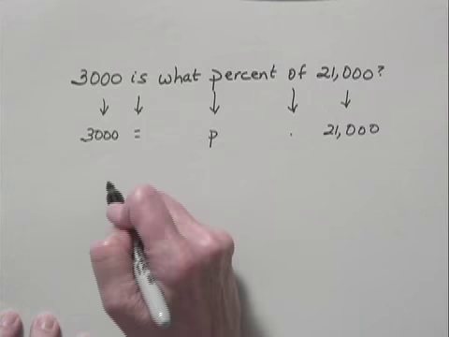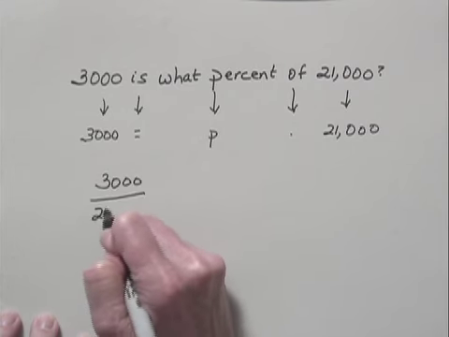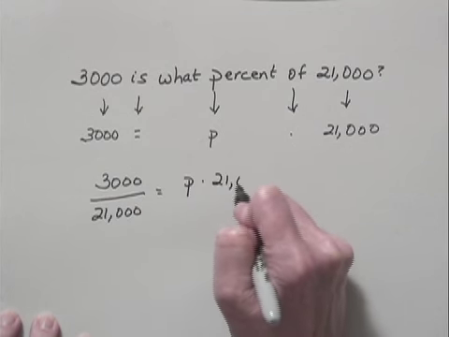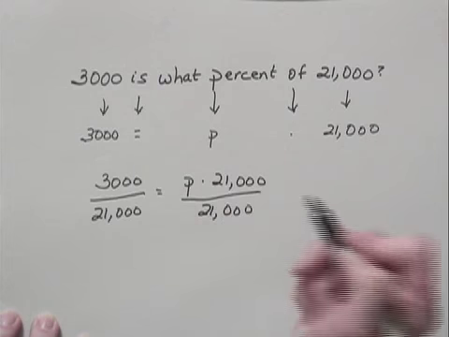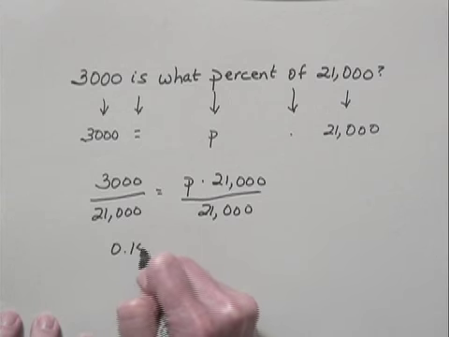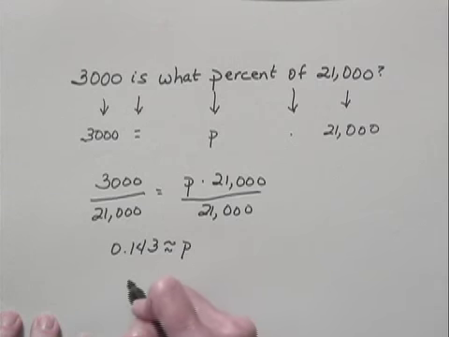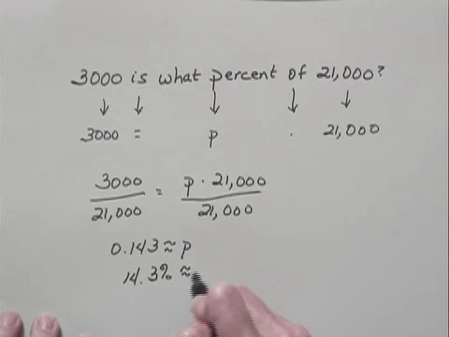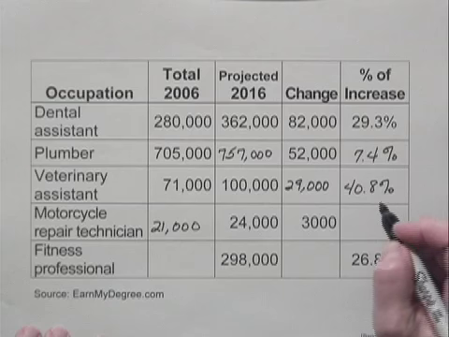And we'll divide on both sides by 21,000 to find P. 3,000 divided by 21,000 is approximately equal to 0.143. And writing this in percent notation, then we have 14.3% is approximately equal to P. So let's fill that in the table.